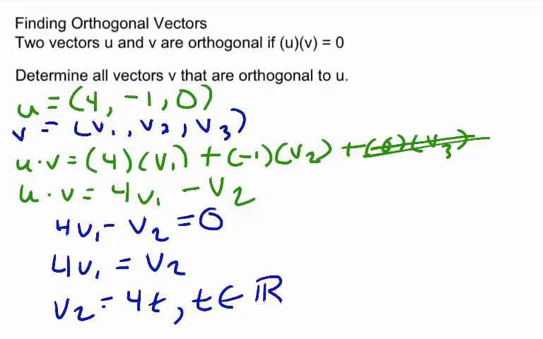This means that every vector orthogonal to u takes the form v sub 1 is equal to t, v sub 2 is equal to 4t, and v sub 3 equal to s.